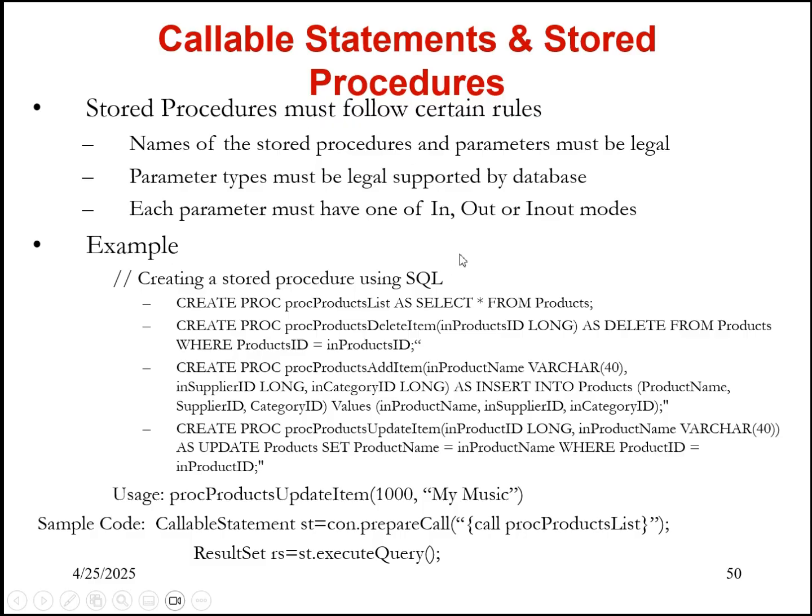Stored procedures generally use parameters. It's not mandatory; whenever you require any parameters, you can use them. There are three types of parameters: the IN parameter, the OUT parameter, and the IN OUT parameter. With an IN parameter, you can send a value, but you cannot return any value from your procedure.